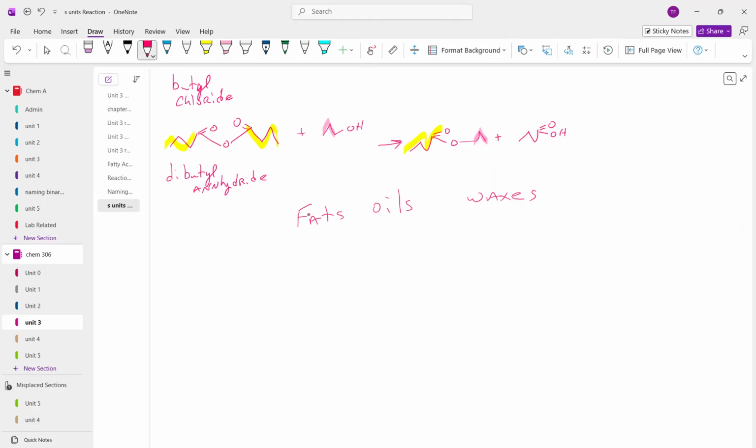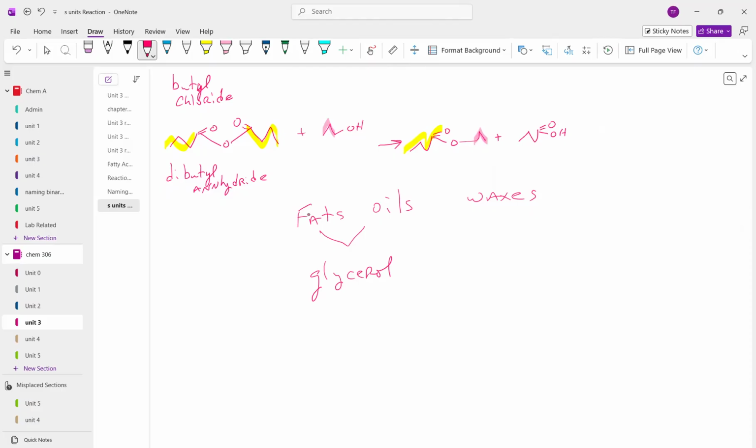The fats and oils, the alcohol is a triple alcohol. It's called glycerol. And then there's an acid component. Waxes are simpler. It has one of the very long alcohols, very long acids. And there's only one OH group on the alcohol, not three like glycerol.